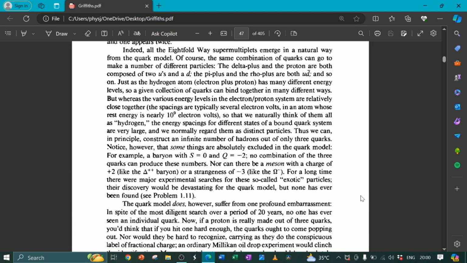For a long time, there were major experimental searches for these so-called exotic particles. Their discovery would be devastating for the quark model, but none has ever been found. See problem 1.11.